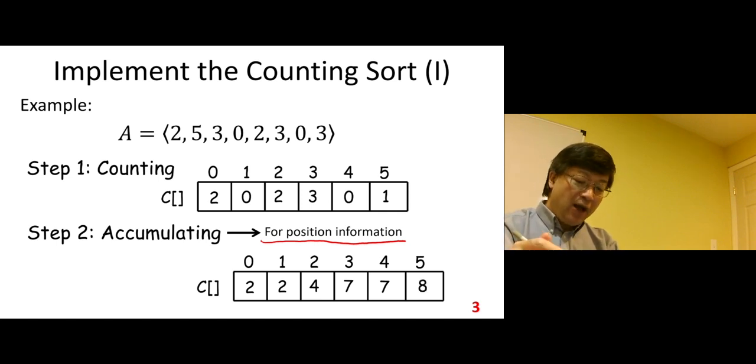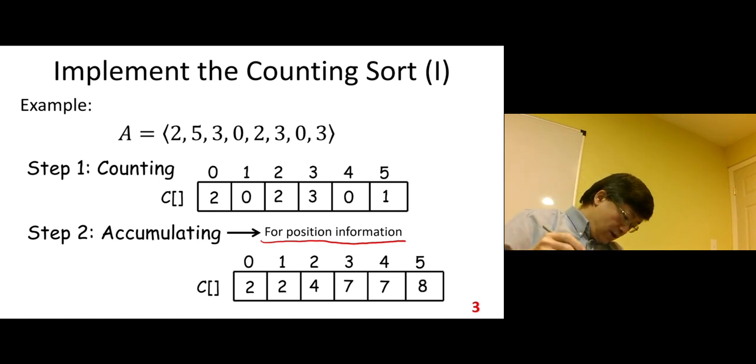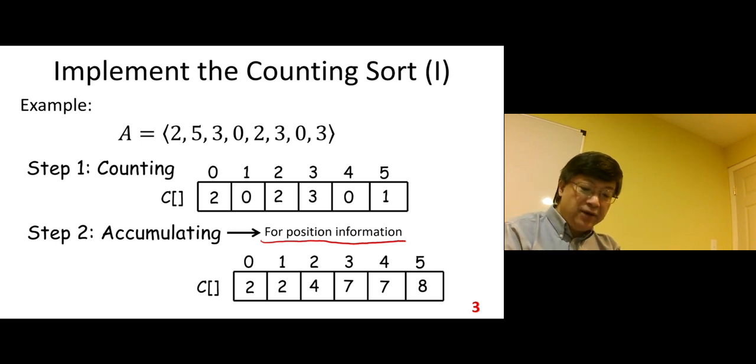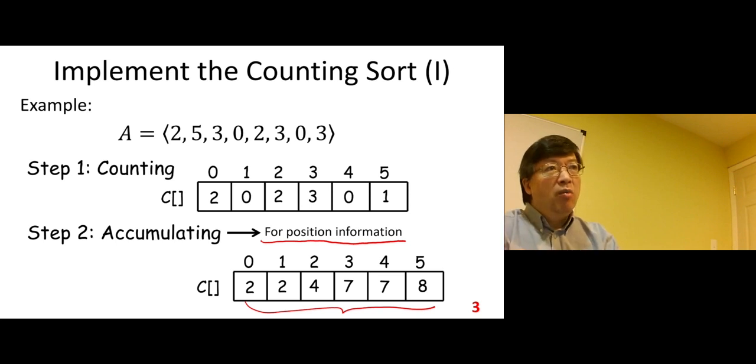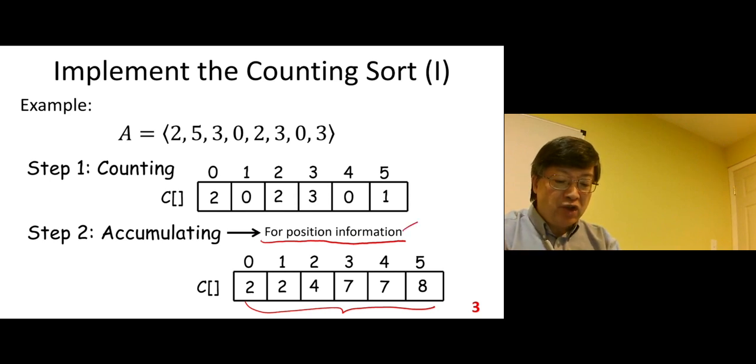0 plus 7, 7. 1 plus 7, 8. Now, these accumulated numbers can give us a more direct relationship for the position information. So we can use them to arrange the array elements in a direct way.